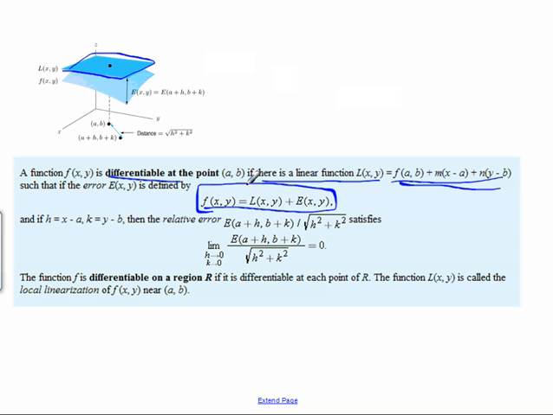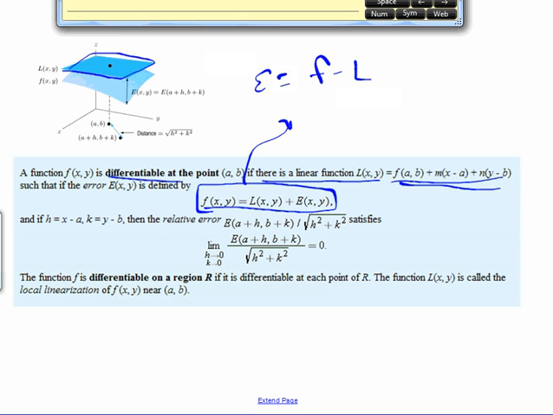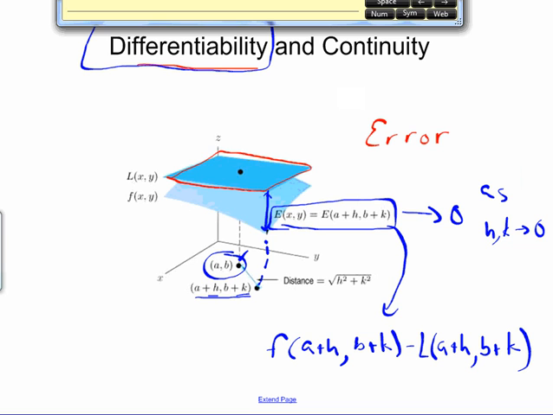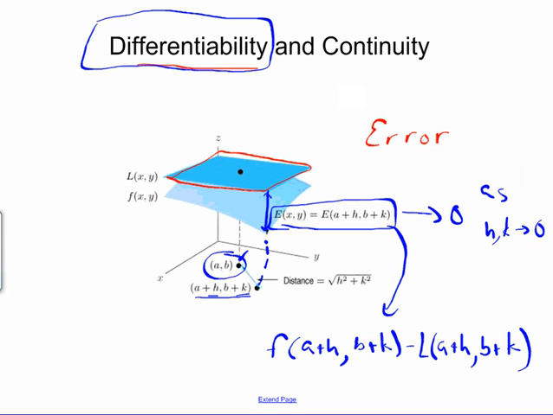They have it written slightly differently than I did, but notice that this is the same thing: our error equals f minus L, which is exactly what we had on the last page.